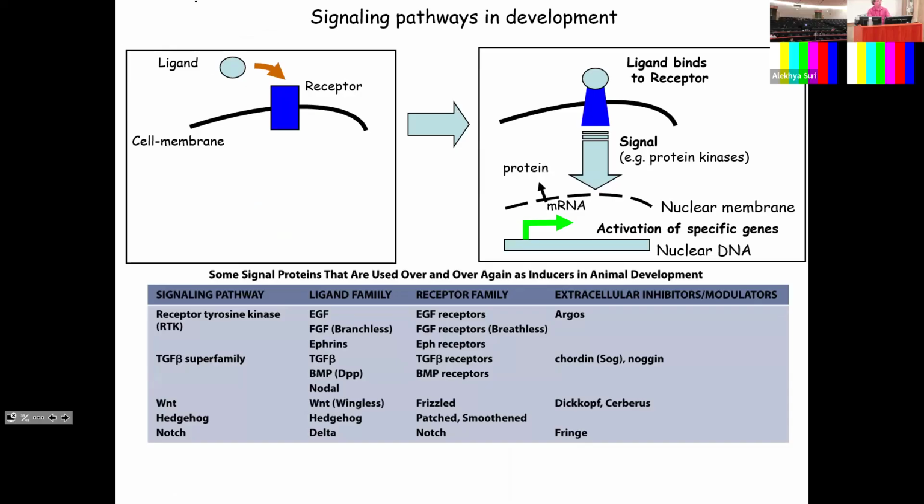We know now that the influence between cell and cell can be provided at the molecular level by the presence of a ligand that binds to a receptor located at the cell membrane, that will trigger a signal, for example, the activation of a protein kinase that will phosphorylate the protein that will translocate into the nucleus and activate the expression of specific genes.